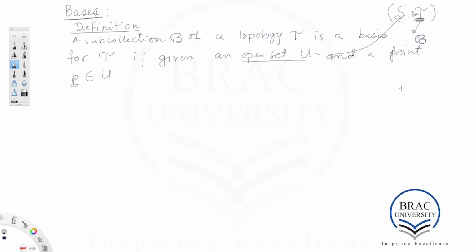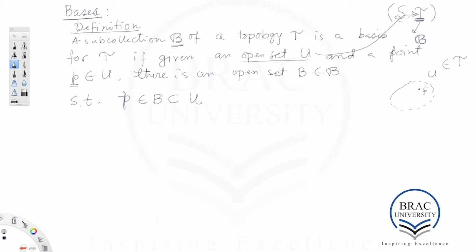Okay, so an arbitrary open set you are choosing from this collection, and which of course contains the point P. There is always an open set B in this subcollection such that P is also in B, and B is contained in this open set U, meaning that it should be something like this B.